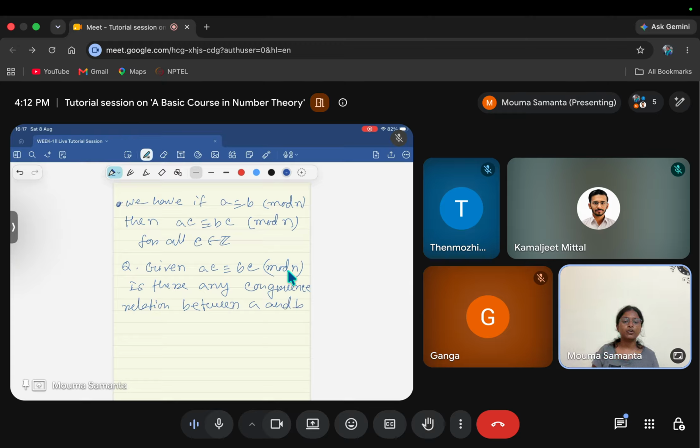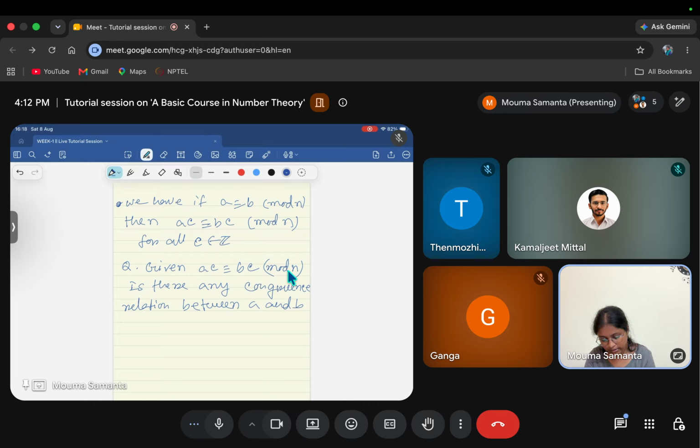Whether a is congruent to b mod n, we can say it or not, or a congruent to b mod some other integer which is related to n. So this is the question we want to find. In this direction we can have the following theorem. What is that?